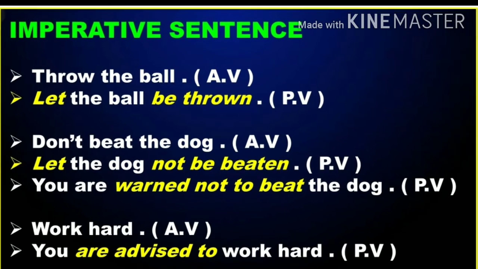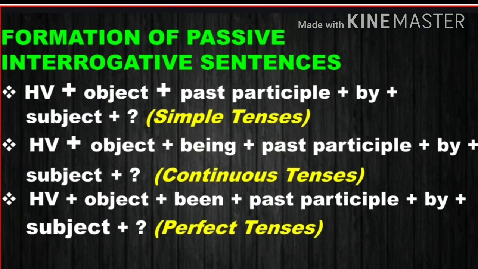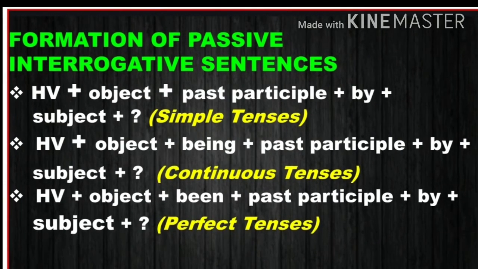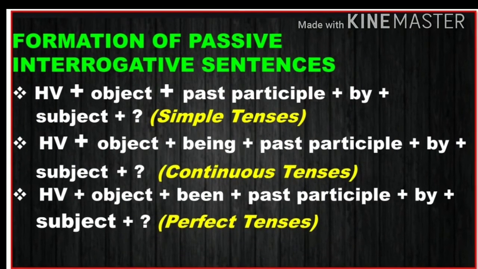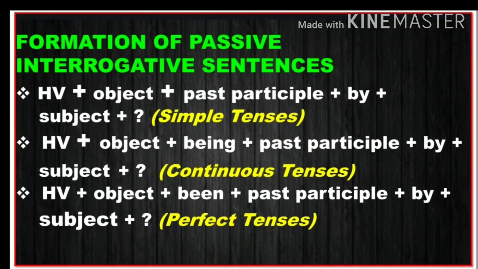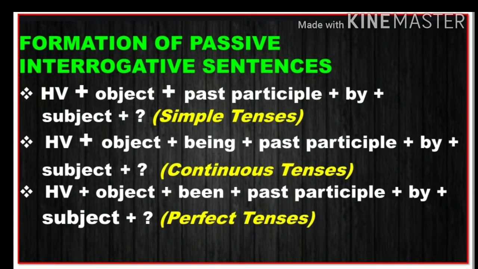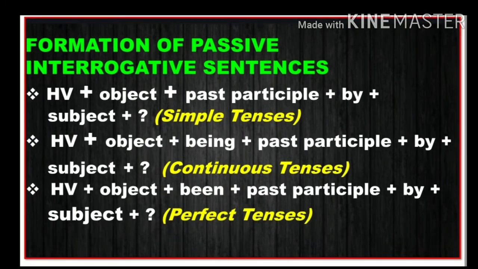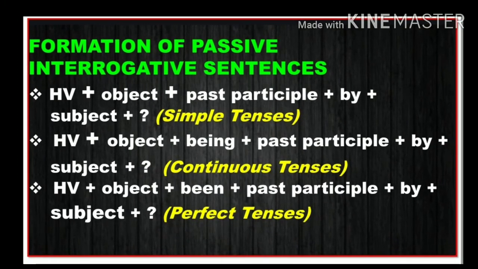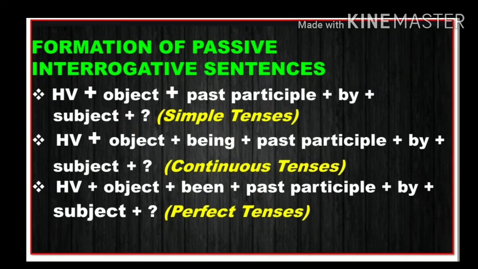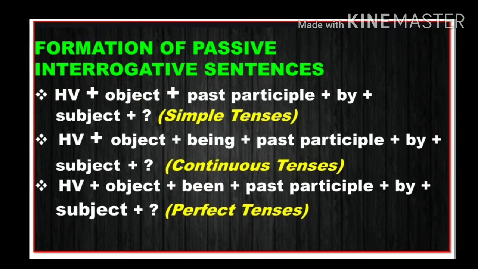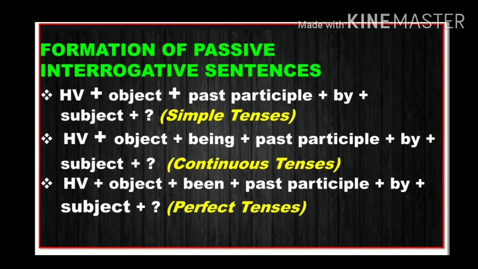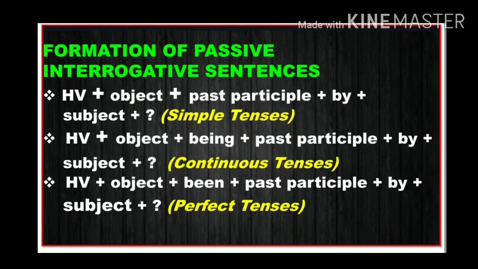Got it? Okay. Next we will see the formation of passive interrogative sentences. So look at the slide. This is the format or the construction of the interrogative sentences. First one is helping verb plus object plus past participle verb plus by plus subject plus question symbol. That is for simple tenses.